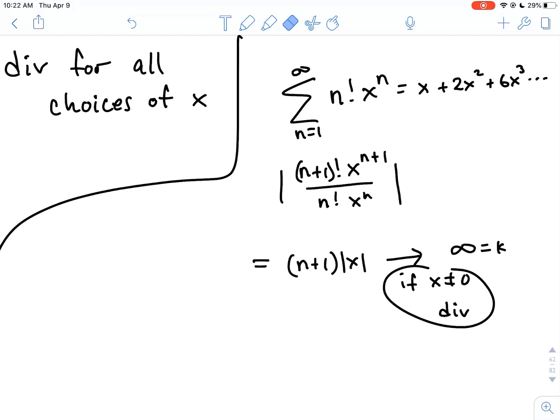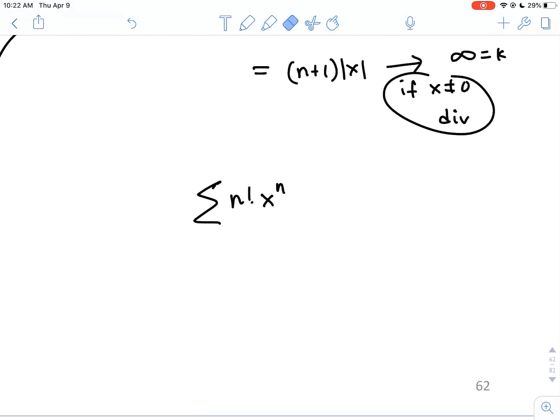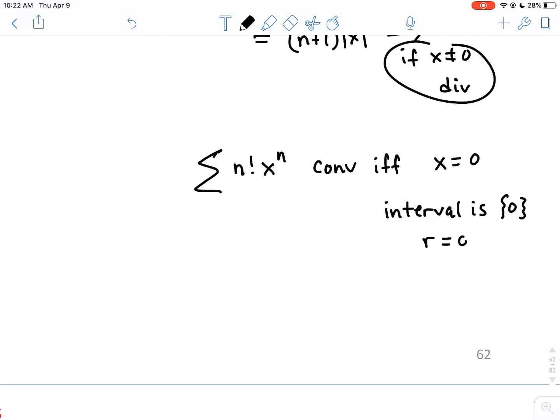If you plug in 0 for all the x's here, you get a series of zeros, which is 0. So it's trivially convergent. Okay, so this series, n factorial times x to the n, converges if and only if, so iff, x is 0. So in this case, the interval of convergence isn't really an interval at all. It's just 0 itself. And then the radius in this case is 0.